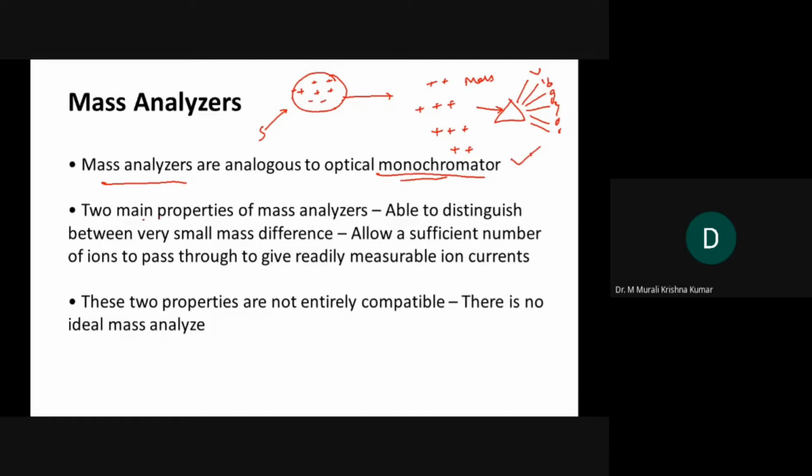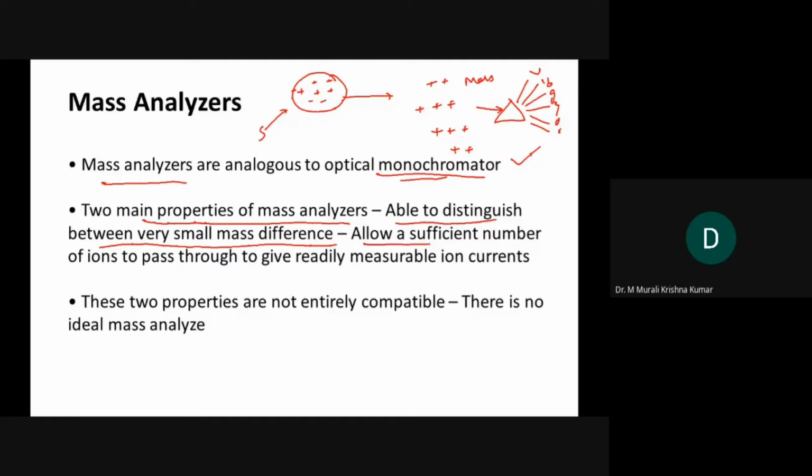So the two main properties of mass analyzers that we have to focus on all the time are, first, they are able to distinguish between very small mass differences. That means it should be able to differentiate two ions which are close as far as their molecular mass is concerned.